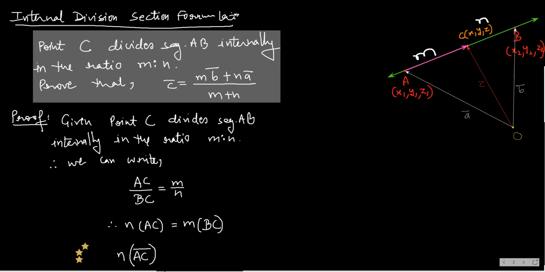This is AC bar. Look at the direction. And here I have M, BC. I make this a vector, BC bar. So if I make it a vector, look at the direction. BC bar is this vector.